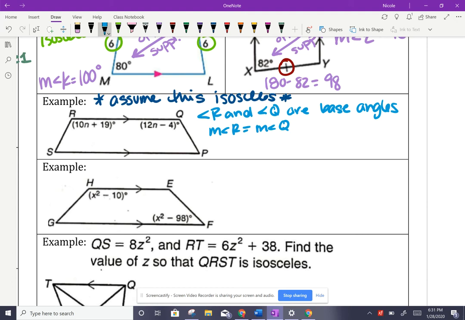We've got 10n plus 19 equals 12n minus 4, and we're just going to solve for n. Move some things around. Add 4 to 19, we get 23. When you divide that out, n is equal to 23 over 2, which is the same as saying 11.5.